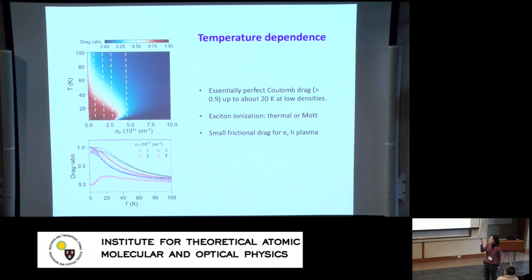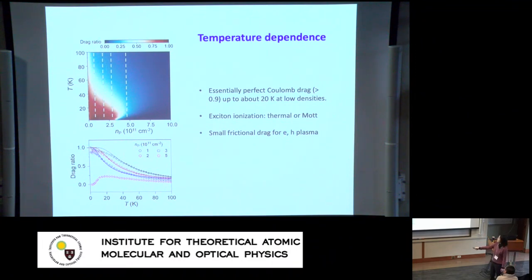There are two different ways to ionize an exciton. One is thermal dissociation, and the other is due to phase space overlap, right? That's very important at very low temperature. And we see this kind of temperature dependence, making a cut for a fixed density.